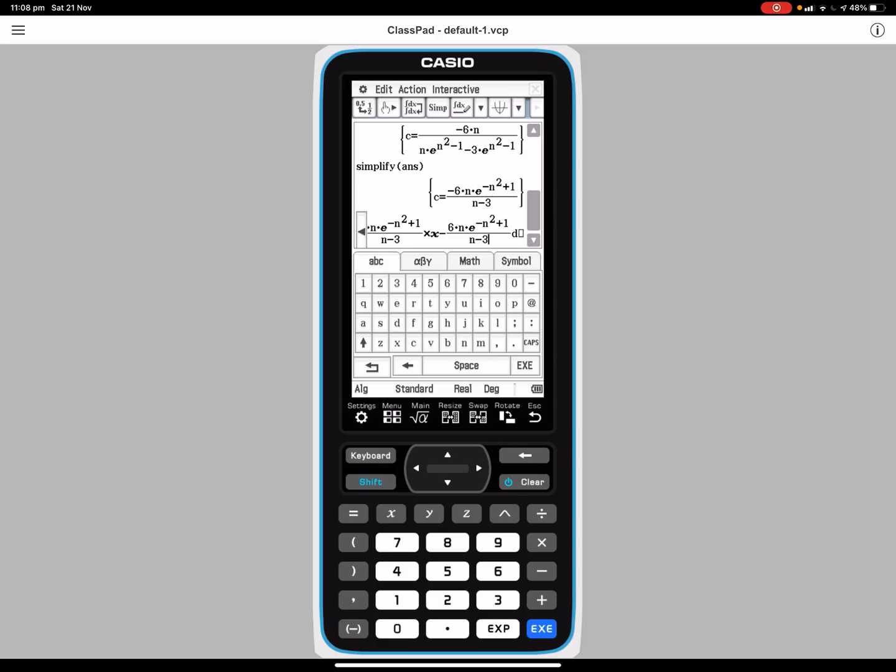So that's the other equation of the tangent, and then minus f of x dx.